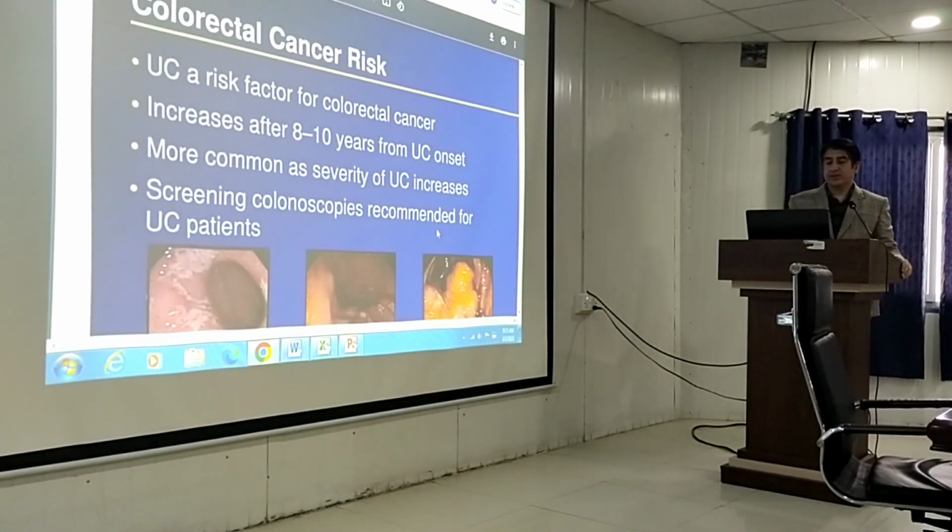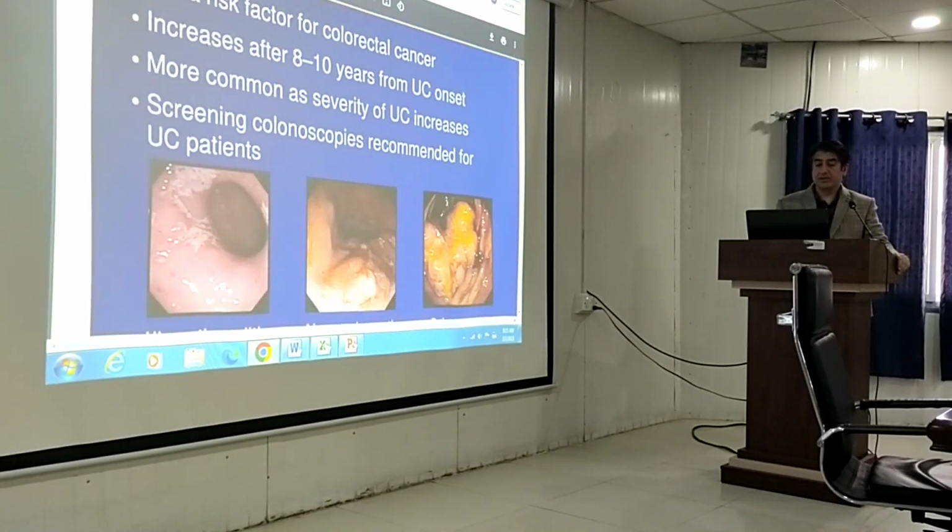Colorectal cancer risk in ulcerative colitis. We earlier discussed a high risk factor for colorectal cancer increases after 8 to 10 years from ulcerative colitis onset. More common as severity of ulcerative colitis increases. Screening colonoscopy is recommended for ulcerative colitis patients.